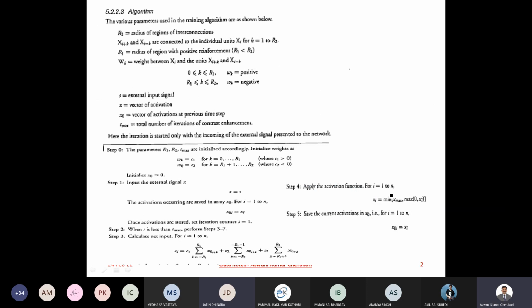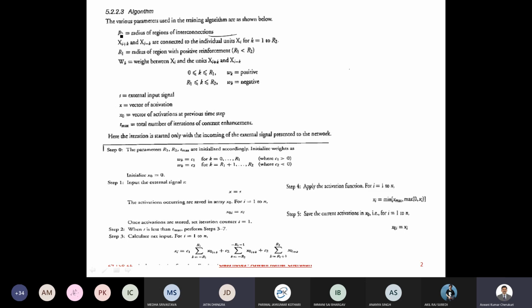So this is the network algorithm. You can see that there are various parameters to be initialized. One is the radius. As I've said, you have the radius to be initialized. Now you define the radius, and when we say radius, there are two types of radius.